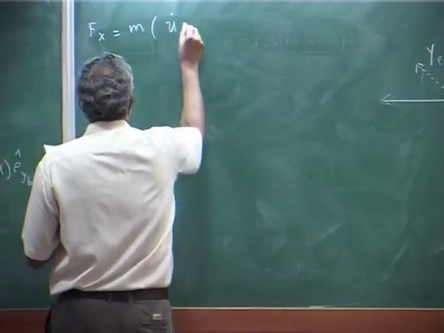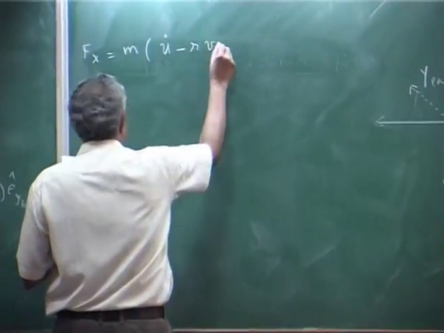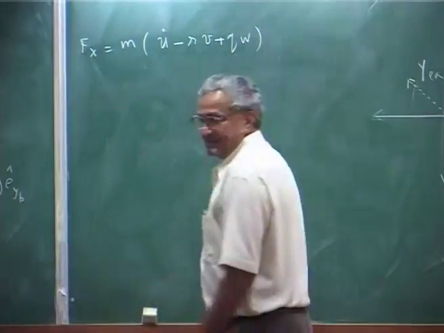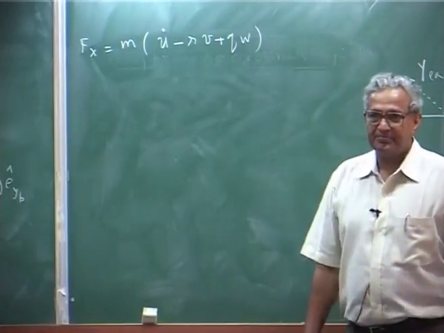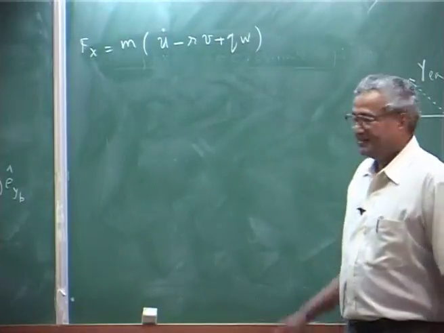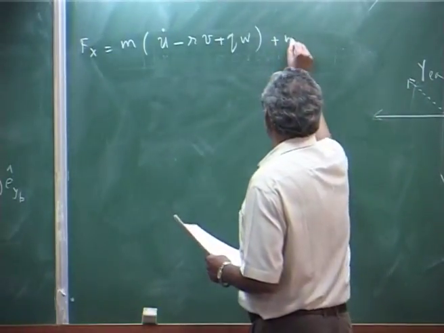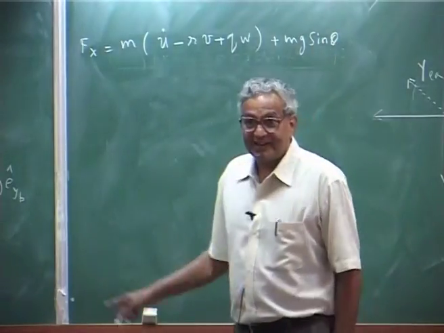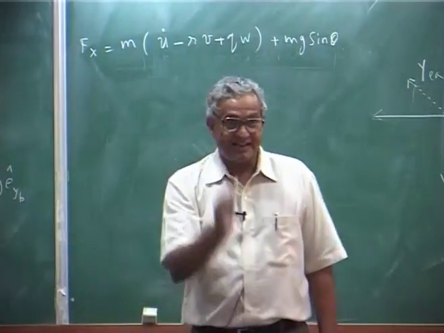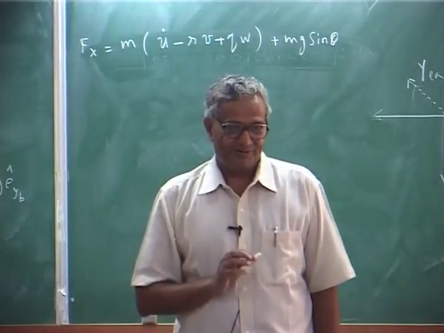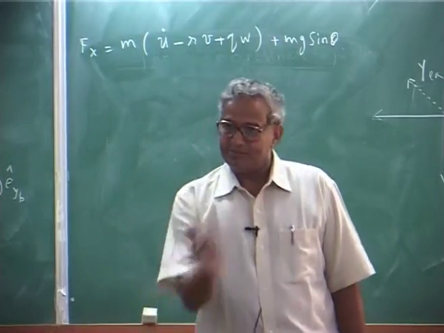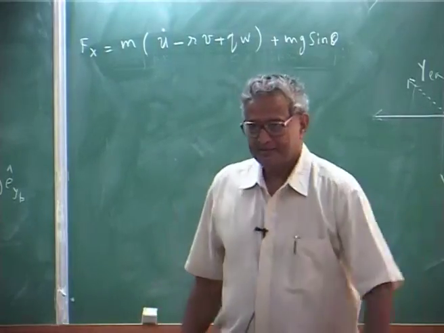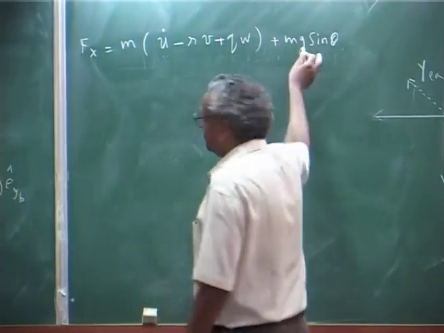So Fx is m times u dot minus Rv plus Qw, but what is normally done is the gravity load, you write it separately. Please note that gravity load acts along Z earth, so you transform the Z earth to body, and that will come.